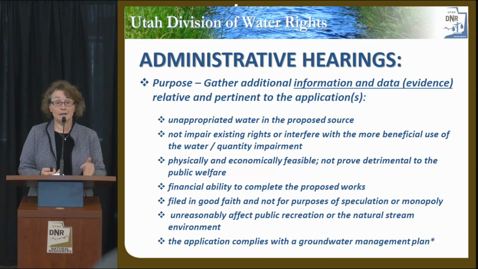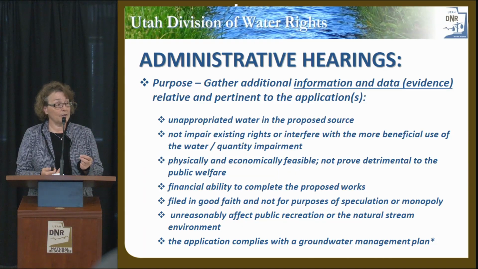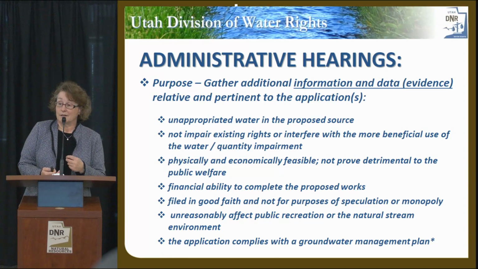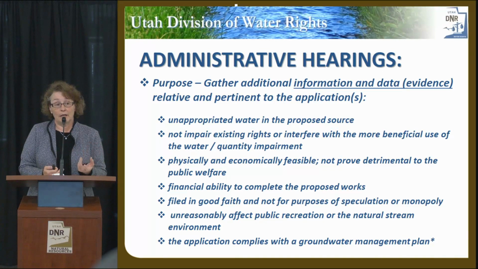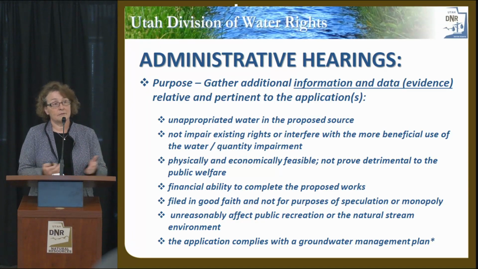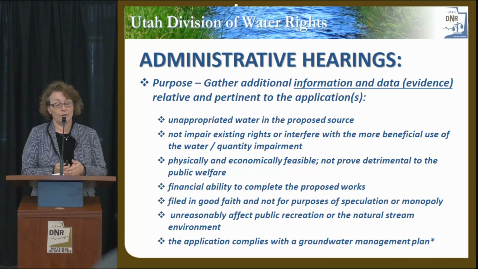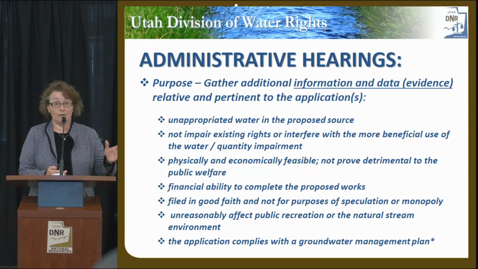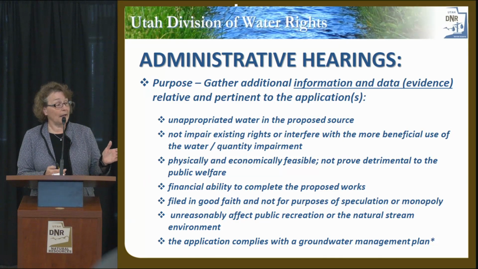So as an applicant, this is what you're focusing on, helping us understand how your application meets this criteria. As a protestant, you're focused on helping us understand how it does not meet this criteria. In a lot of cases, we do have protestants that say, we don't want this facility built here. It doesn't fit within zoning of the county.